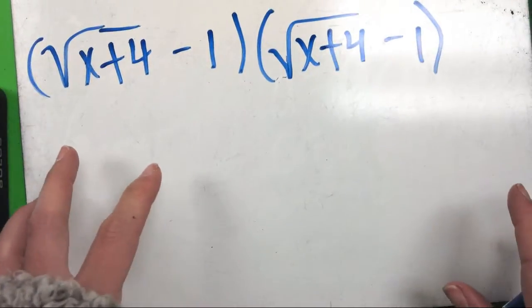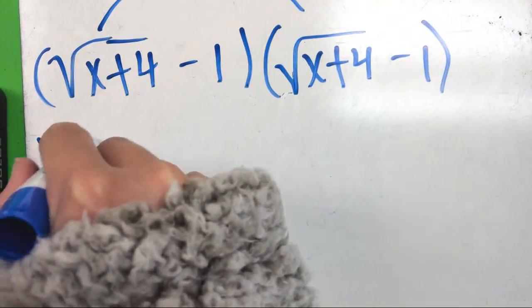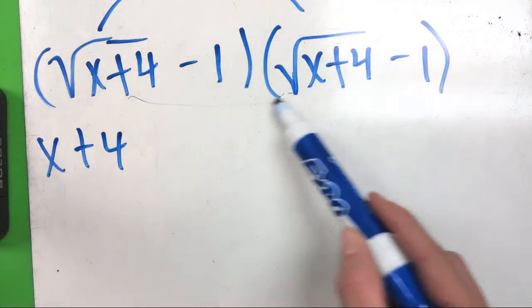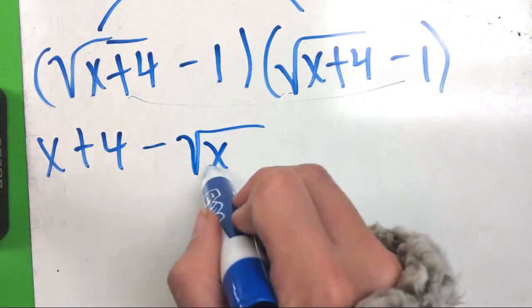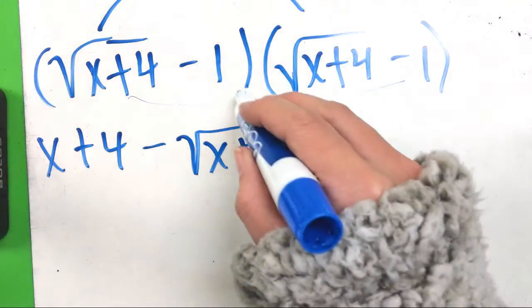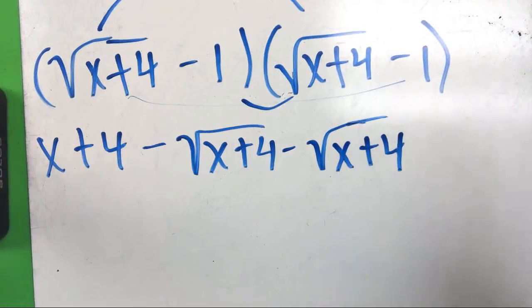Alright, so my first terms when I multiply them together, it's just going to give me x plus 4. The radical goes away. My outer terms, so square root of x plus 4 times negative 1, is just itself with a negative out front. Same thing for my inside terms. My last terms are negative 1 and negative 1. That's going to make a positive 1.